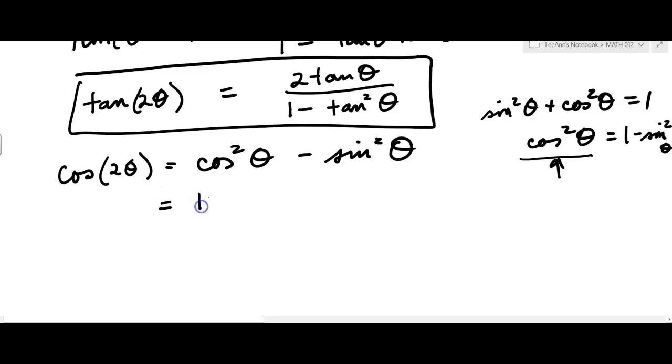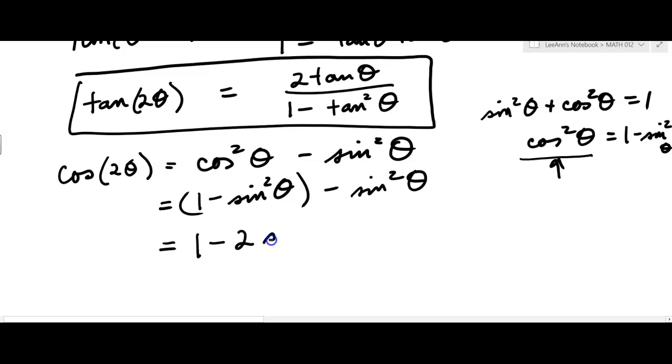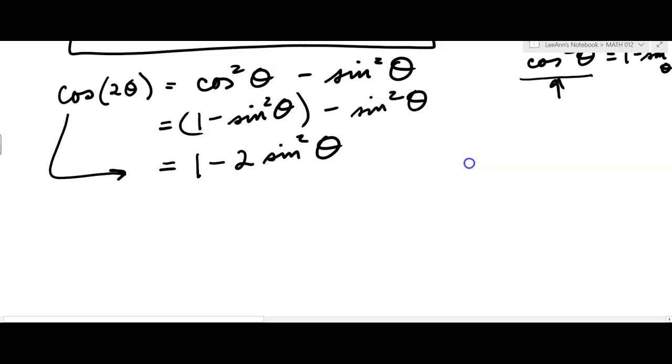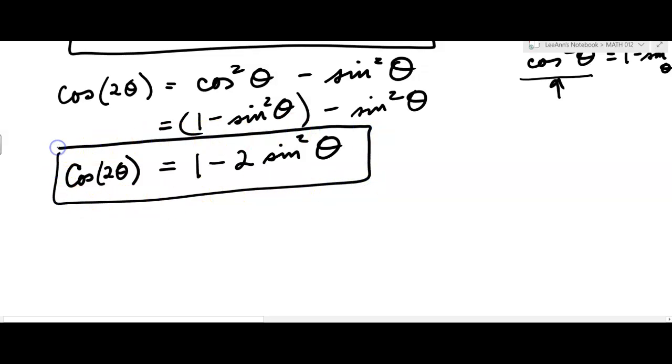So we would have 1 minus sine squared theta for the cosine squared theta, and then we have this other minus sine squared theta. That gives us an alternate form, 1 minus 2 sine squared theta. So you could use a double angle formula for cosine and get it in terms of just sine. And sometimes that's useful to us. This is just another form of the double angle formula, but it's handy to be familiar with it, so I will put a box around that one.